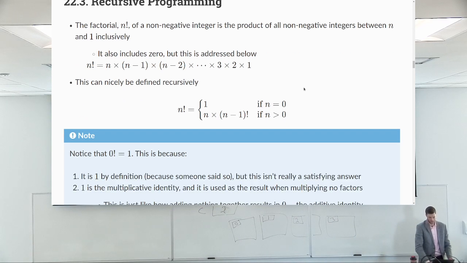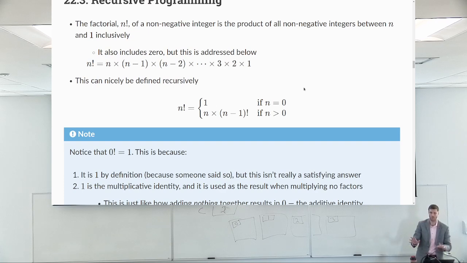Or we could define it very succinctly, recursively. If n is 0, n factorial is 1. Otherwise, if n is greater than 0, n factorial is n times (n minus 1) factorial.